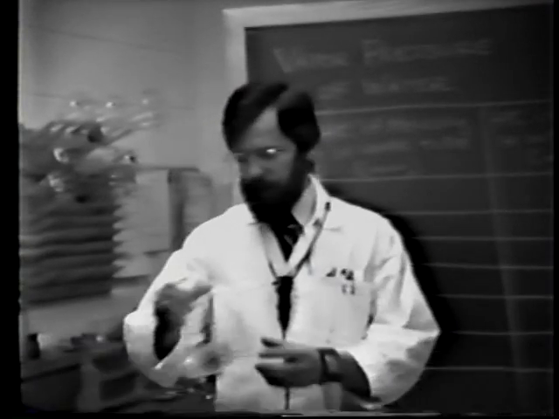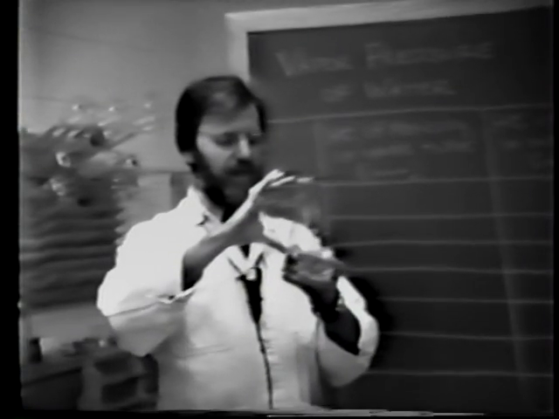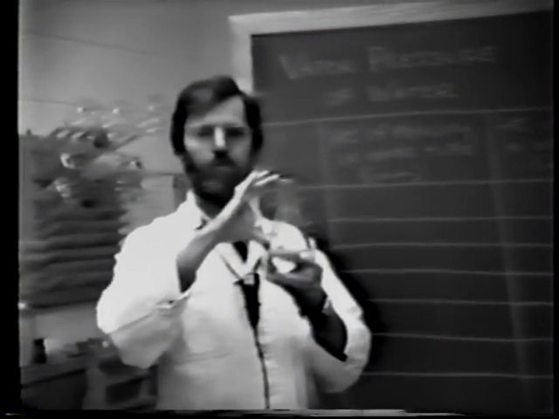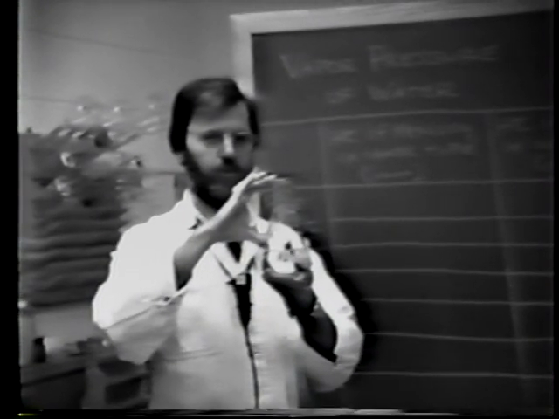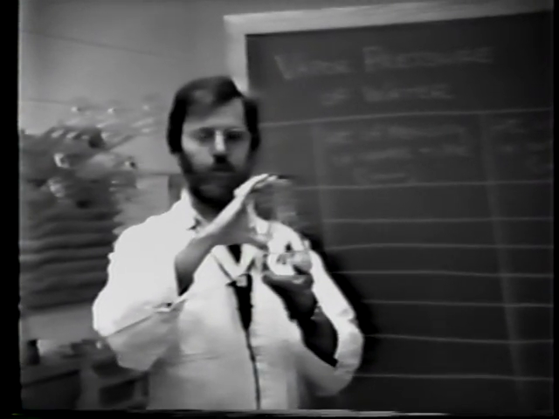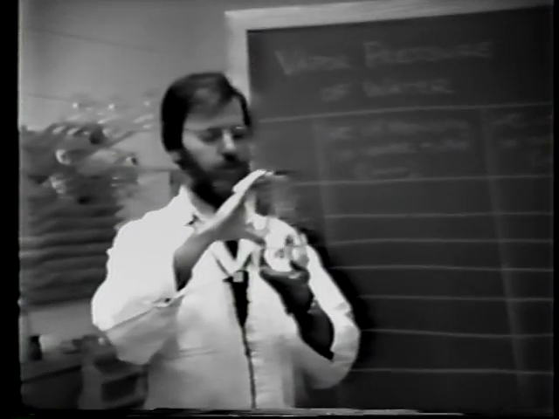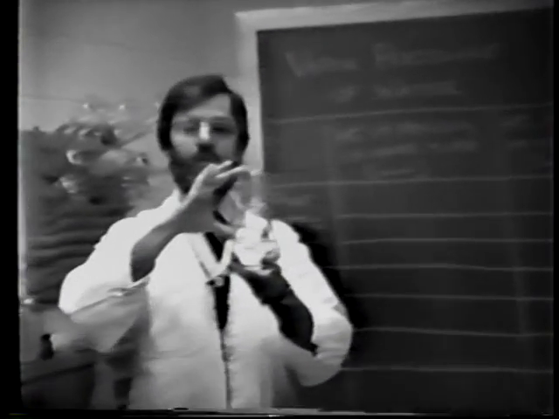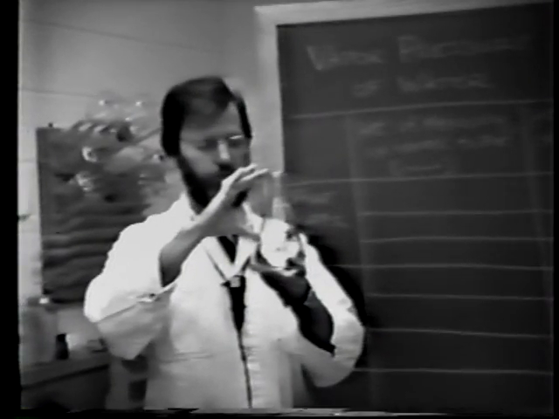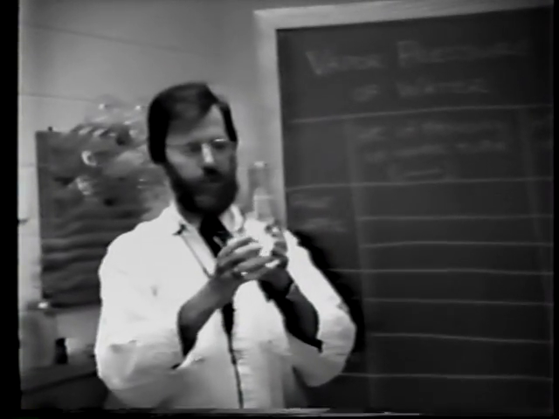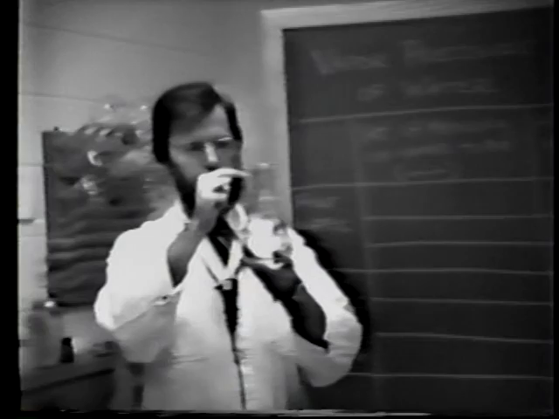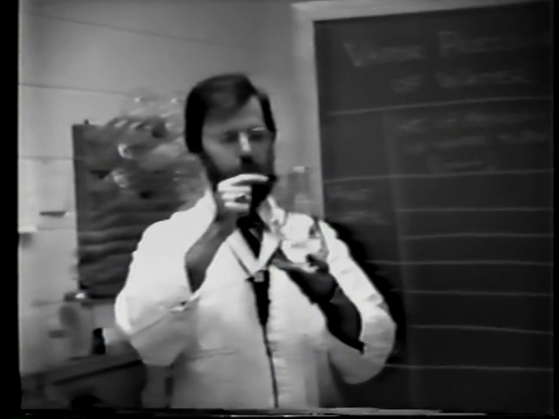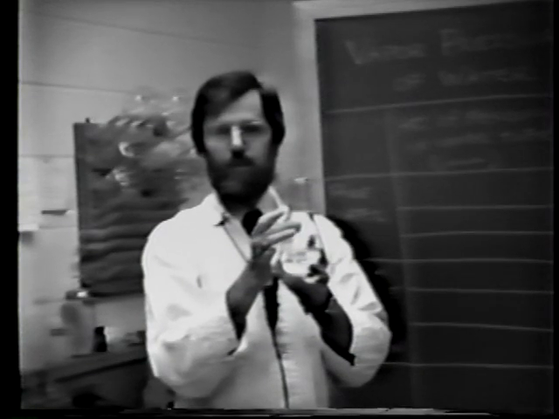What we'll do today is somehow isolate the vapor, the water vapor that's above the water, and measure its pressure. Now, of course, the first job that we're going to have is to isolate that water vapor. Because if you consider now, although there are molecules of water in this container, there is also another gas in the container.